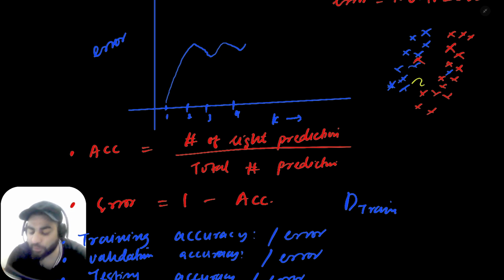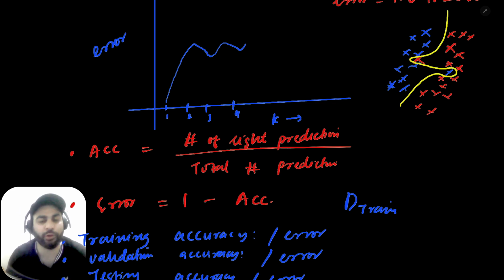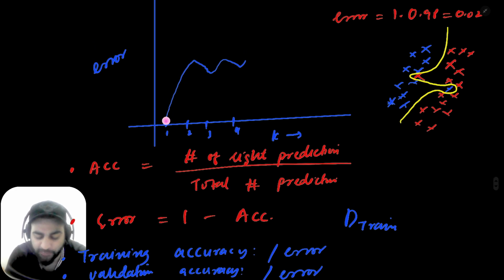So if k is equal to 1, how is the graph made? It'll try really hard to get these right. That's why the error will be 0 on training. So the graph will look something like this. When k is equal to 1, it gives 0 error on training.